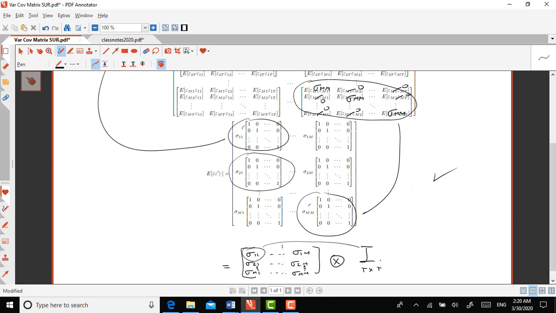So we go from this n by n matrix to a matrix that is nT by nT. The Kronecker product allows us to expand that matrix, so each of these terms becomes a big diagonal matrix. That's what's going on with the Kronecker product.